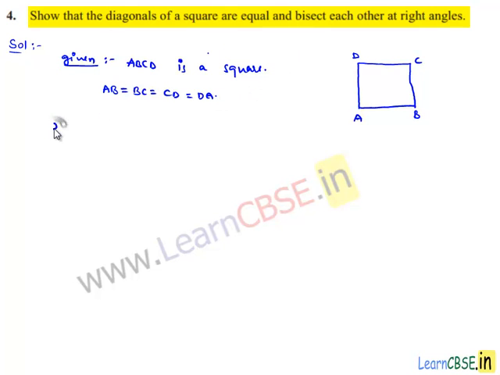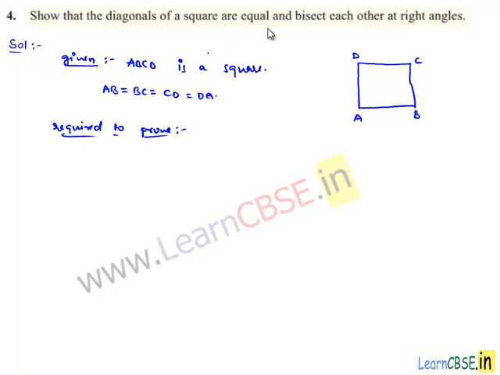Now we are required to prove that diagonals of the square are equal and bisect each other at right angles. Here the diagonals are AC and BD. So we are first required to prove that AC is equal to BD, and second thing, they bisect each other at right angles.